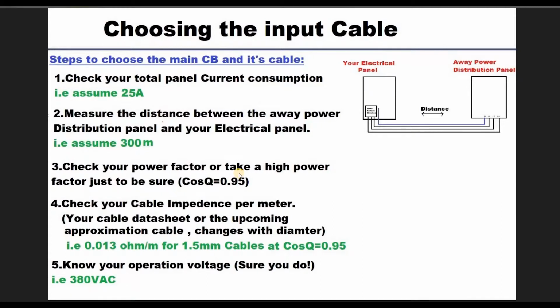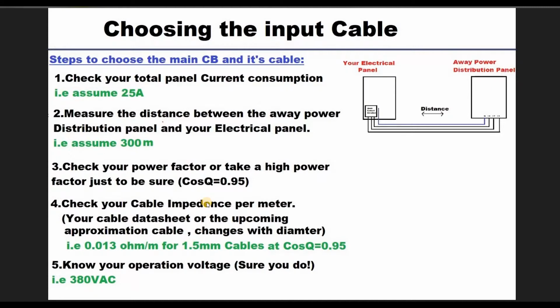Now, the fourth step is checking your cable impedance per meter. Every cable should have in its data sheet its impedance per meter. If you don't have this information, I will show you a table later that contains the cable diameter and its impedance at a certain power factor.